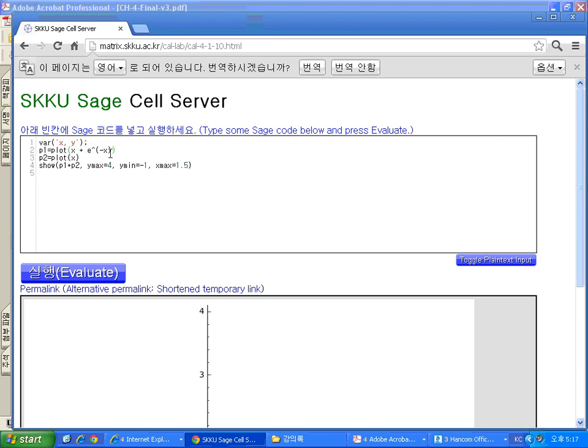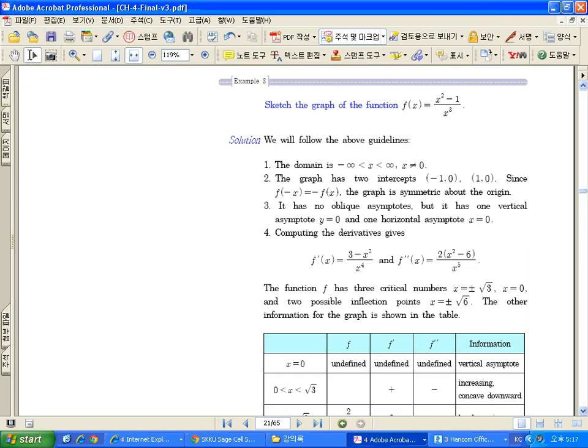Here, plot what? Then x to the what? X cubed, minus, what? x squared minus 1 over x cubed.